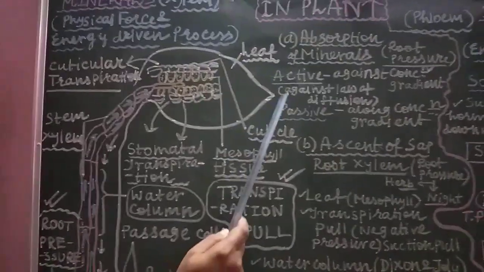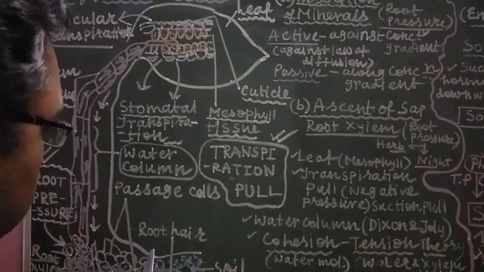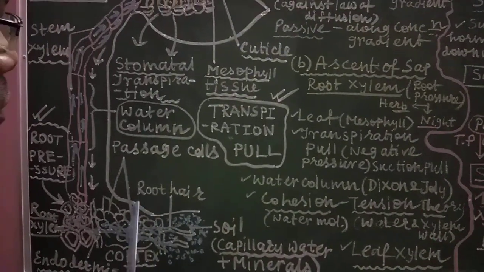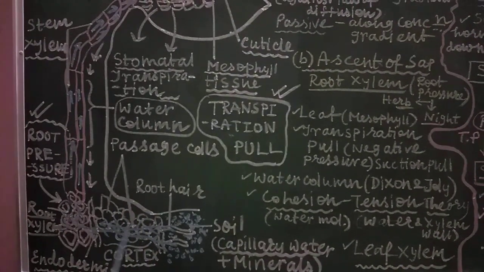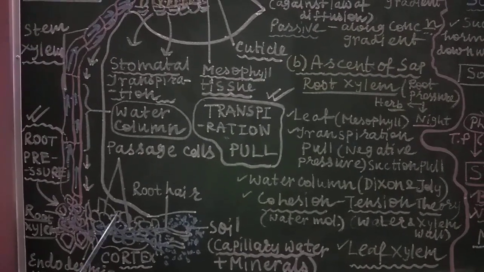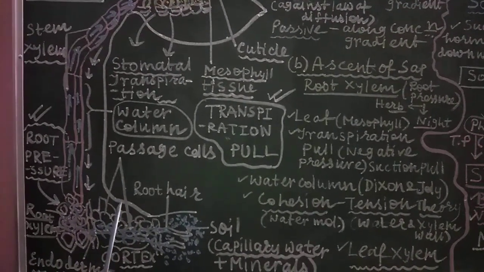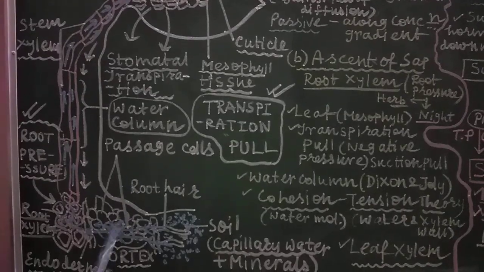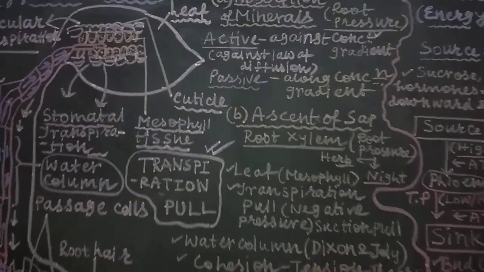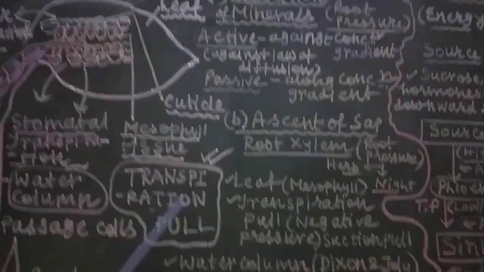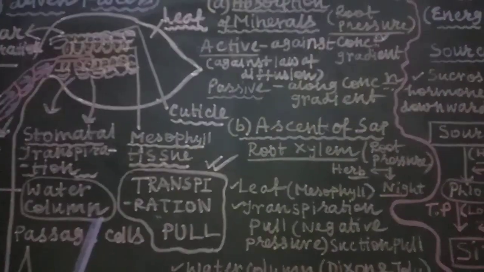Due to absorption of minerals in the root and the root cells, their turgor pressure increases, or their osmotic concentration increases, due to which the second step occurs, that is called the ascent of sap. Ascent of sap means movement of water.